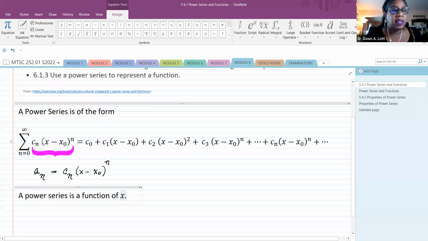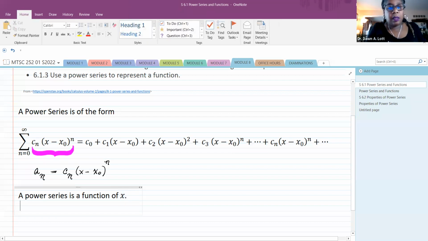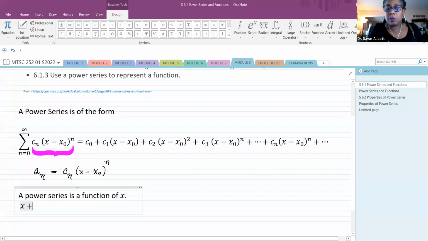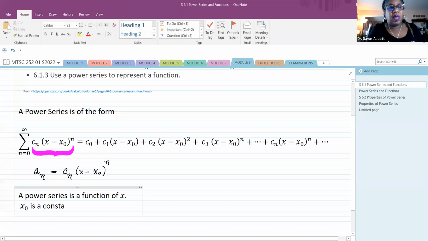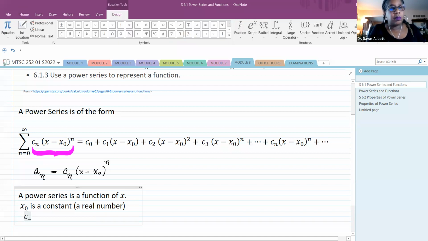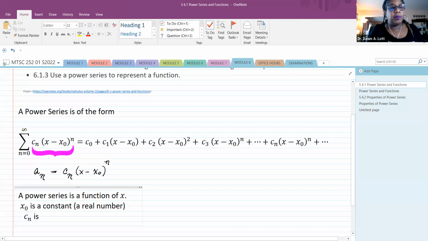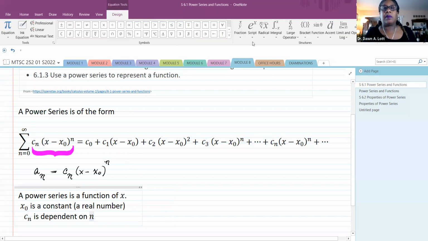It has x in here, and x naught is a constant, in other words, a real number, and C_n may be dependent on n. Okay, any questions about that?